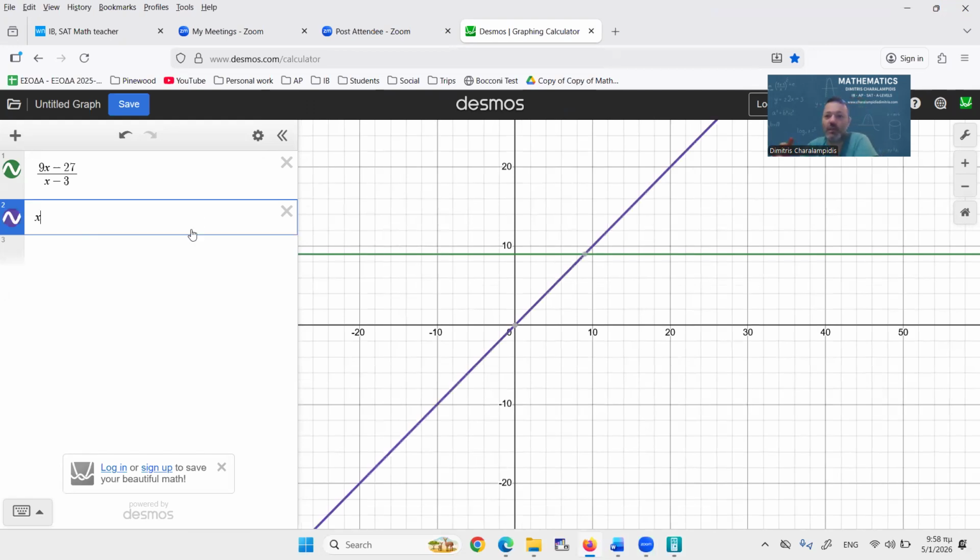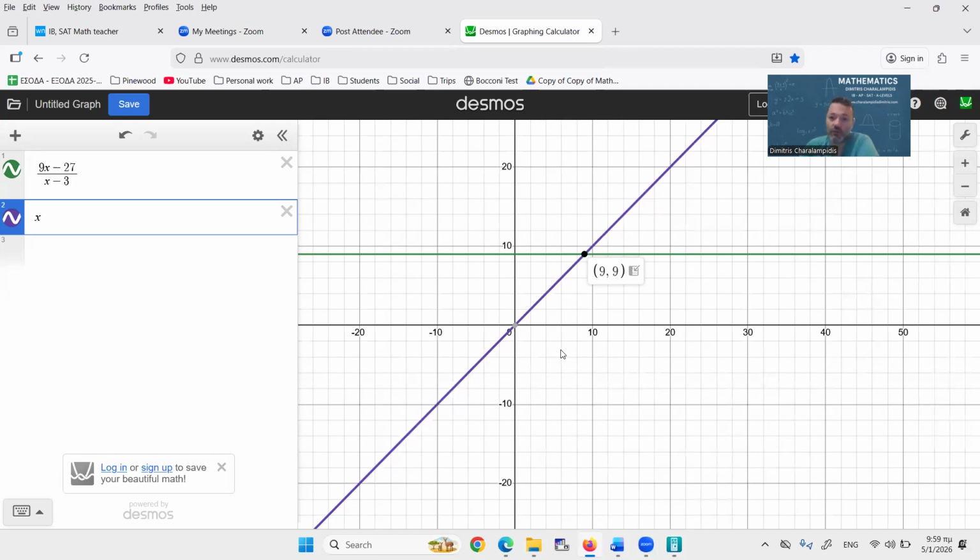So we will not see it as one equation, but we will see it as an equality between two different graphs. The one that is the 9x minus 27 over x minus 3, and the other one which is simply x. And then the solution of that would have been the point of intersection, where Desmos can clearly show us that this is the point with coordinates x equals 9 and y equals 9.